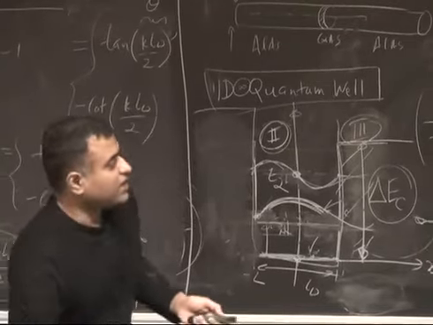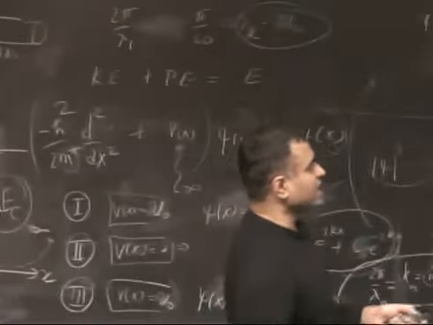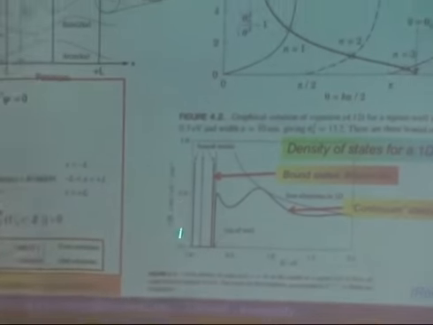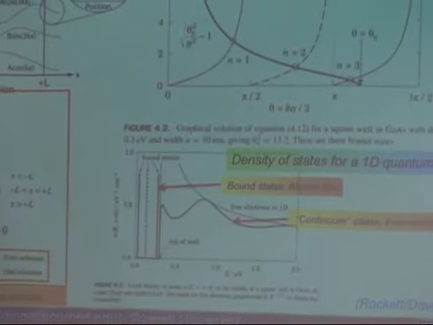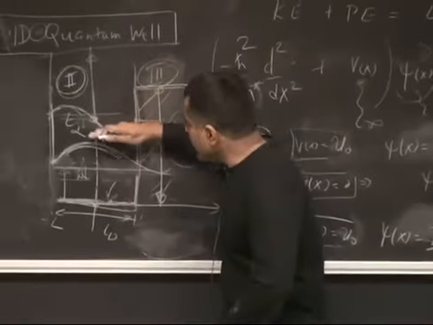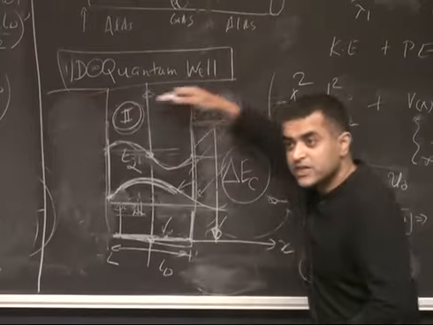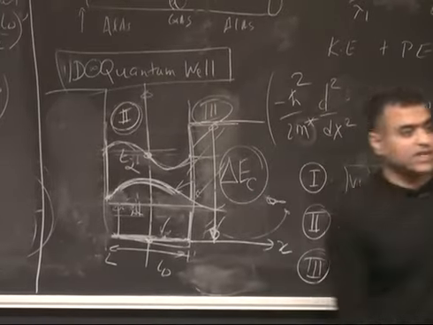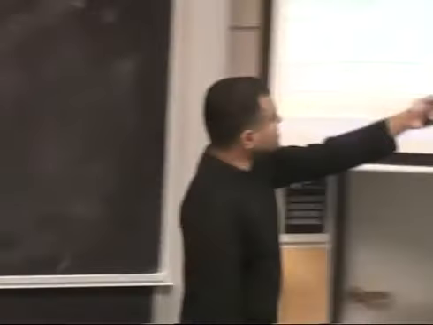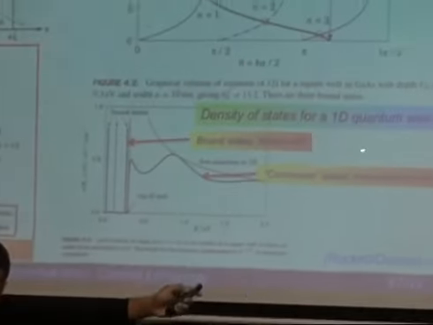Okay, so now if you take such a quantum well and do absorption or look at the density of states, you see that there are a finite number of states below the barrier, right? And if the energy of the electron is above that, it doesn't see the well. It's like a 1D free electron now. And for a 1D free electron, the density of states is 1 over square root of energy.